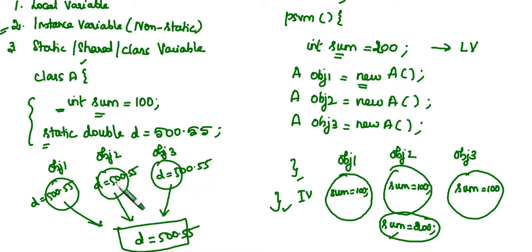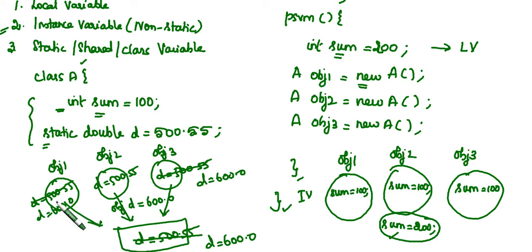Say now this object changes the value of d to 600.0. Immediately what happens, this will be removed and you will get 600.0. Now this value will be 600.0 and this value will also be 600.0.